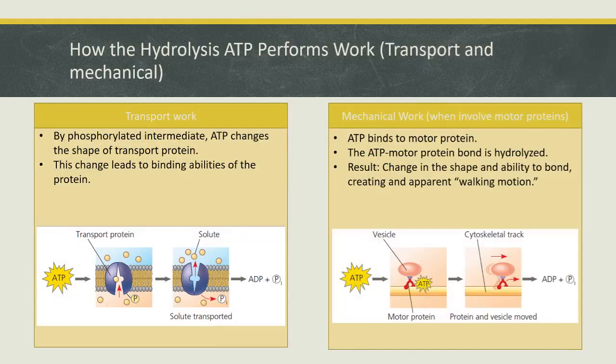How the hydrolysis of ATP performs work now in transport and mechanical work. Let's go over transport first. Again, this happens by means of a phosphorylated intermediate, and the main key here is that when ATP binds to the transport protein, which is how transport work is done, the shape of the protein is changed.